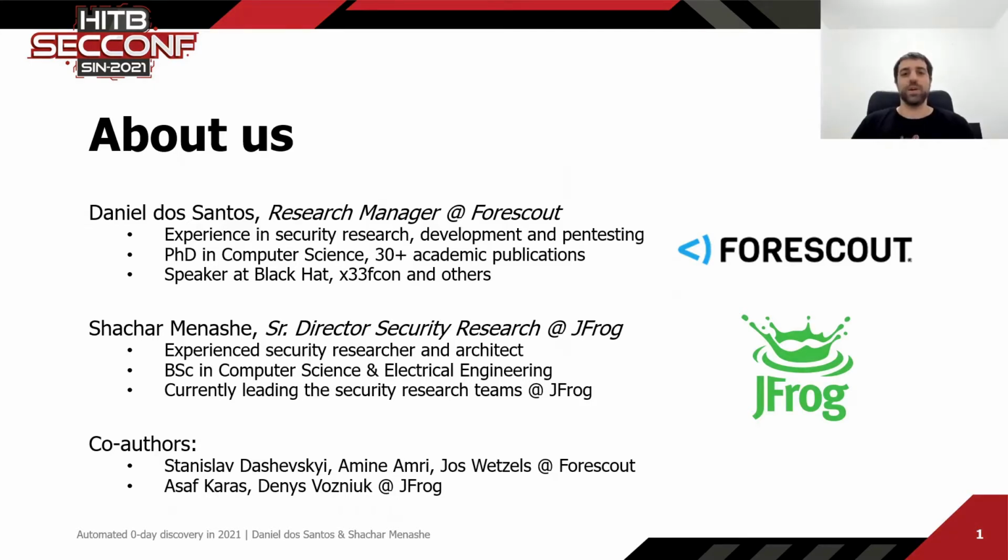Hi, my name is Shahar Menashe. I'm Senior Director of Security Research at JFrog, which recently acquired Vdoo, which was the previous company I worked at. Coming from a line of manual reverse engineering and exploitation, automated reverse engineering, hardware hacking, things like that.